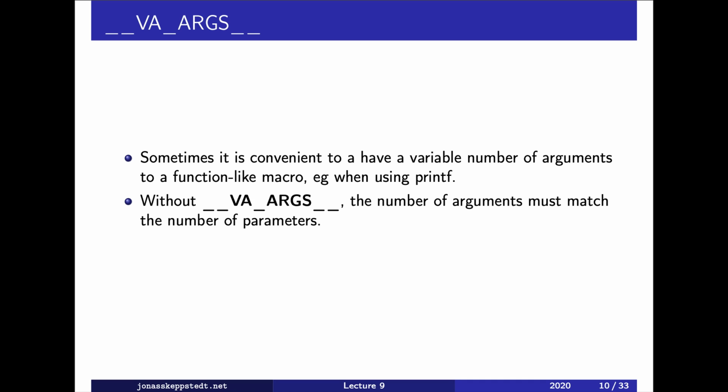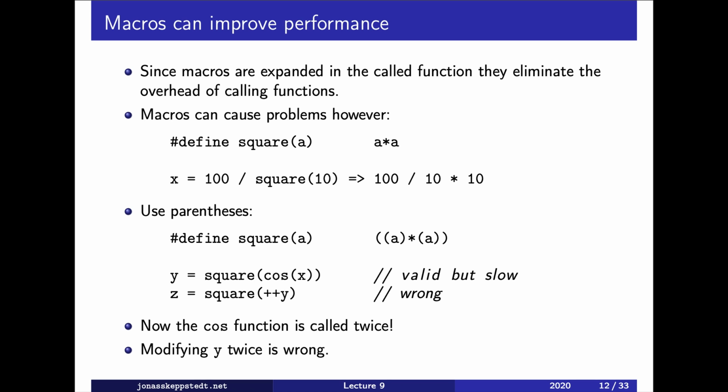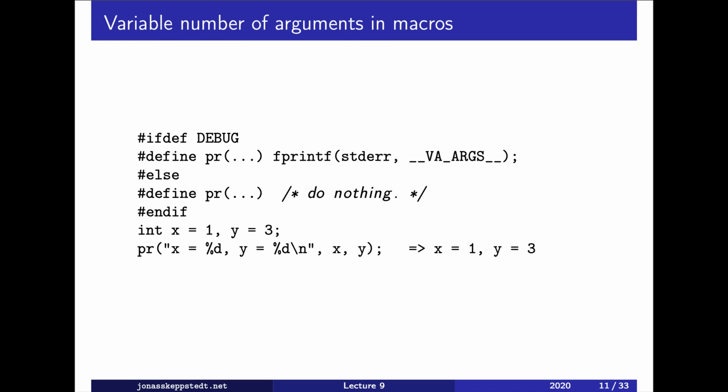Sometimes it's nice to have a variable number of arguments, and not only to printf, where we can have any number of arguments, but also to macros. And then we can use this. Here is an illustration.